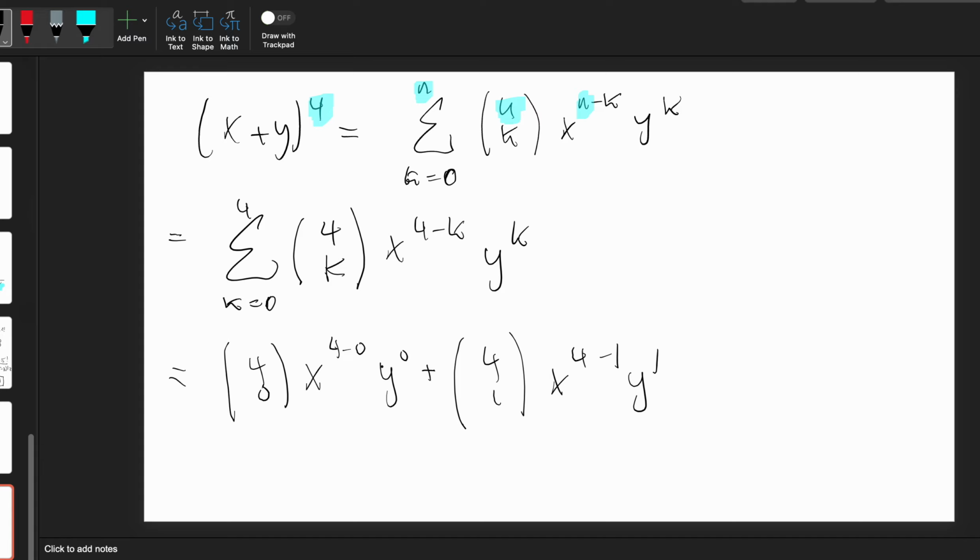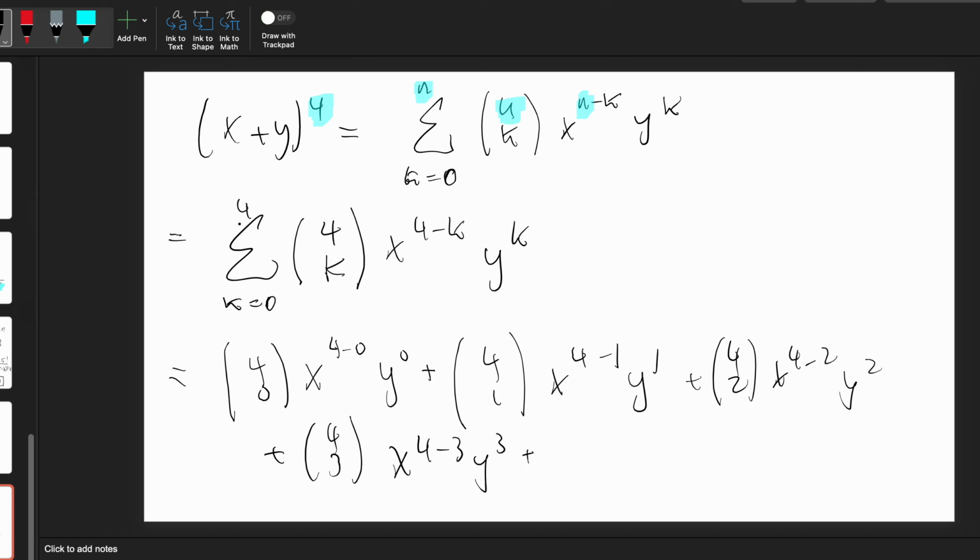Now k is equal to 2. Keep going. 4 choose 2, x to the 4 minus 2, y squared, plus 4 choose 3, x to the 4 minus 3, y to the third, plus, when do I end? I end at 4, so this is going to be my last element. y to the 4, good.